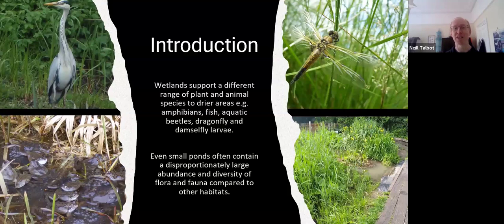You'll get things like the frogs shown there, dragonflies, damselflies, fish and aquatic invertebrates. I won't run through all of them because there's a huge amount, but also, as we're more interested in for this talk, the huge variety of plants that you won't find in a meadow or a dry area of woodland.